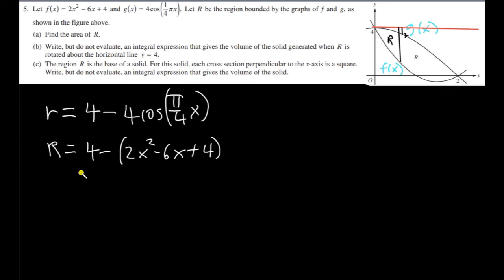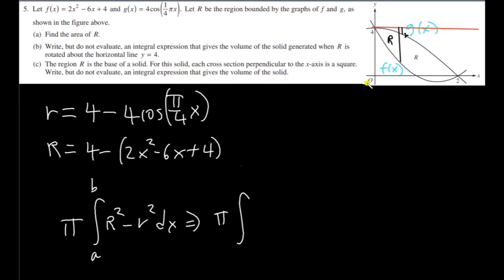Now that we have that, all we have to do is use the equation. This time the equation is pi times the integral from a to b of big R squared minus little r squared dx. So literally all we have to do is plug in the numbers. We get pi times the integral from, again, 0 to 2, and this is our big R, so 4 minus 2x squared minus 6x plus 4.